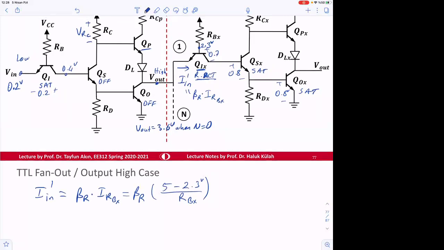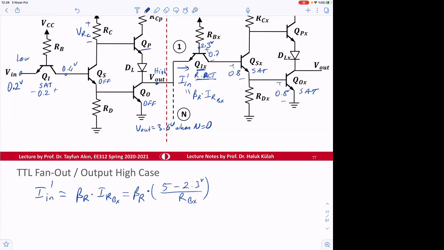This is reverse active. Beta R we don't know, but typically it is 1, 2, or sometimes they design it to be lower than 1 even. The emitter is in reverse active, so it acts like a collector. That's why beta R times this is the case.